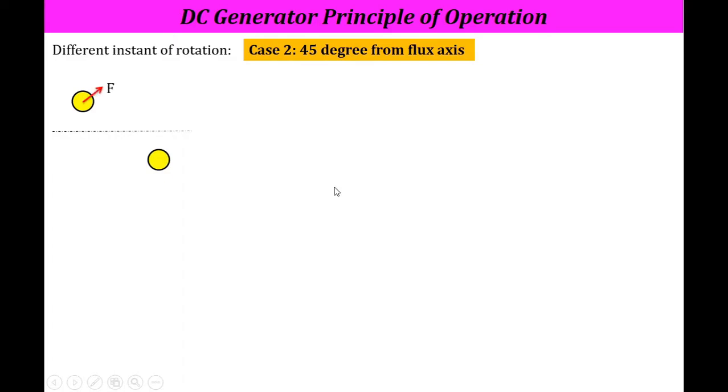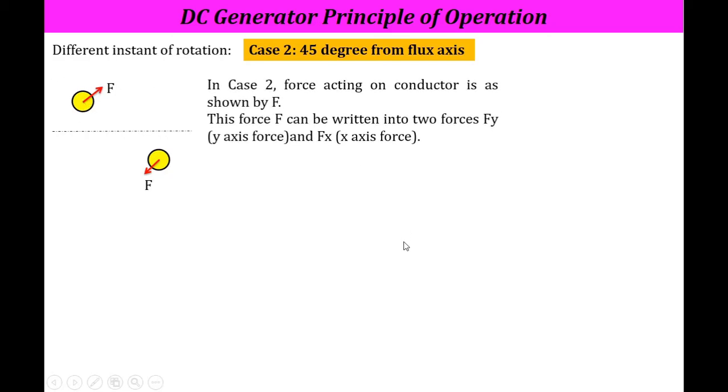The force which will act on the conductor is like this. This is the direction of the force. In case 2, the force acting on the conductor is shown here by this arrow. Now this force F has two components, we can resolve it into two forces: the first is Fy and the second is Fx. So let's consider this conductor.